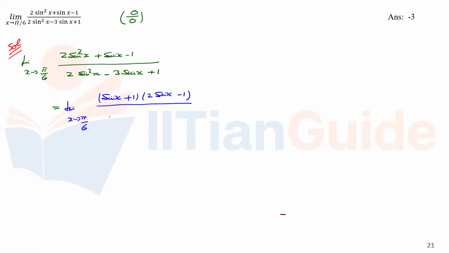In the denominator also, I get one factor 2 sin x minus 1, and another factor sin x minus 1. The term 2 sin x minus 1, that is 0, gets cancelled. If I put x to be pi by 6, sin pi by 6 is 1 by 2, so plus 1 divided by 1 by 2 minus 1. So my answer is minus 3.